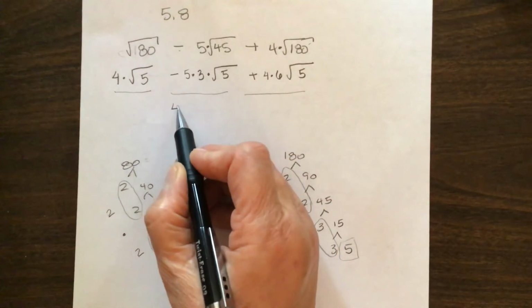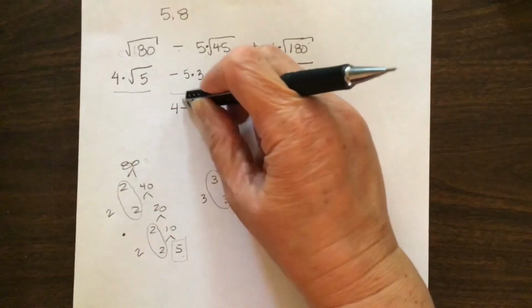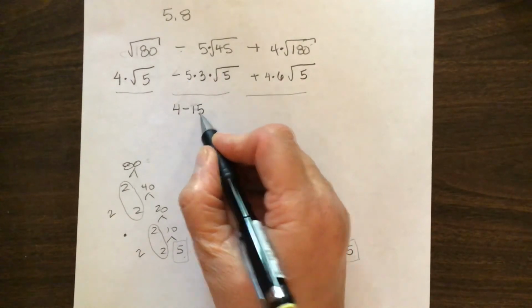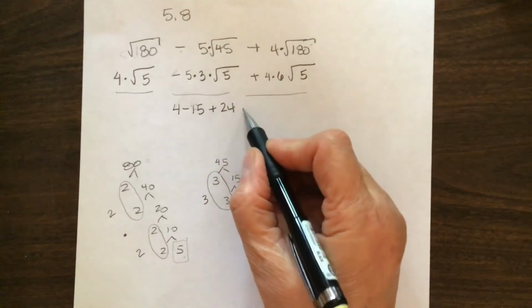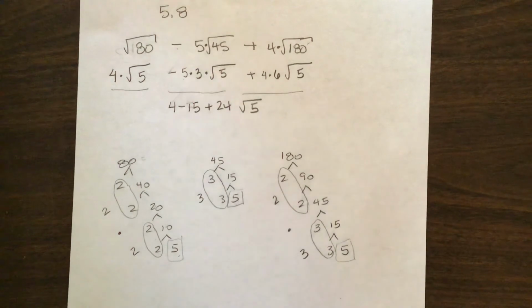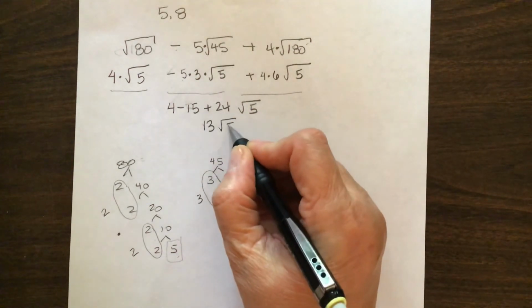Like this. 4 minus, let me just change this to 5 times 3 is 15, plus 24. And then we'll just have 1 square root of 5. So 4 minus 15 plus 24 is giving me a positive 13 square root 5.